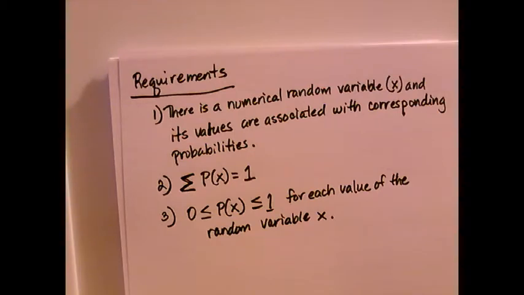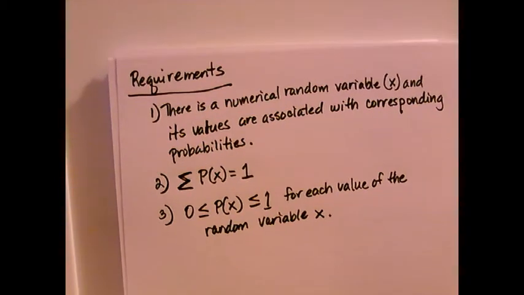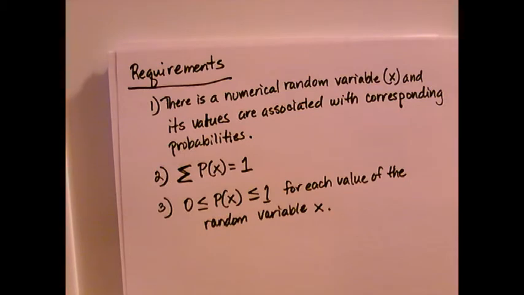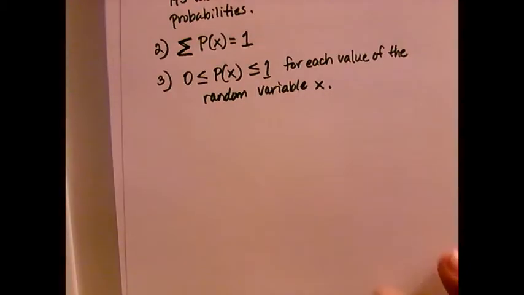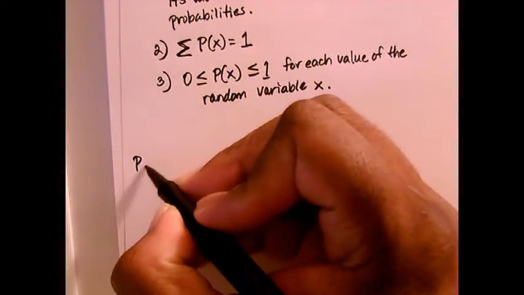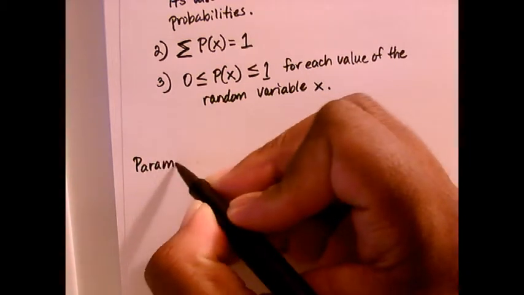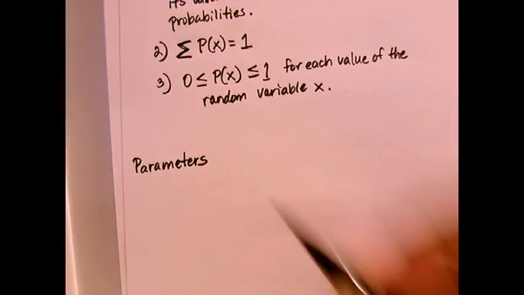Alright, the next thing I want to talk about is the parameters of a probability distribution. Okay, so let's move this up. So we have parameters of a probability distribution. I'll just say parameters here.